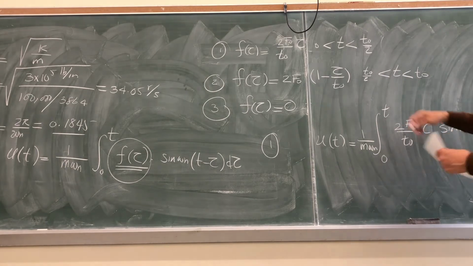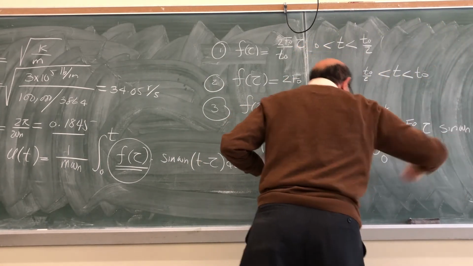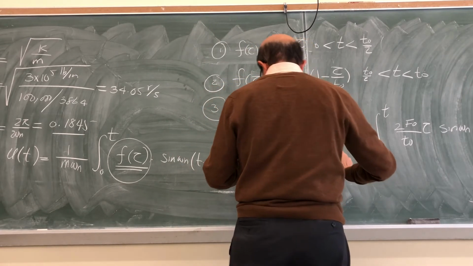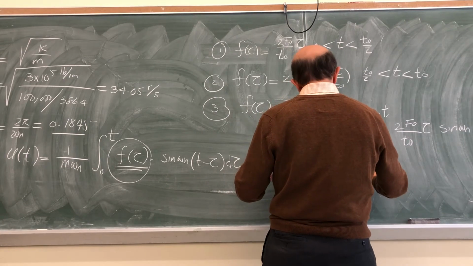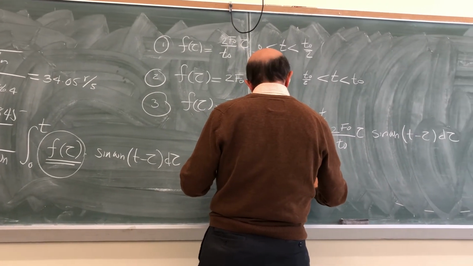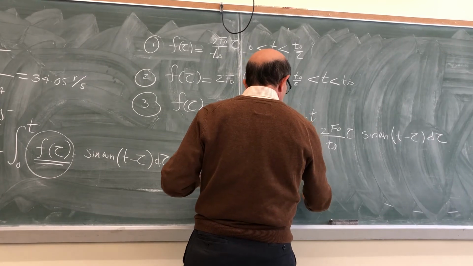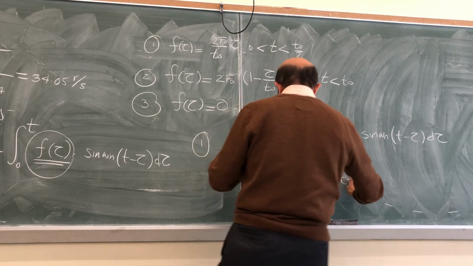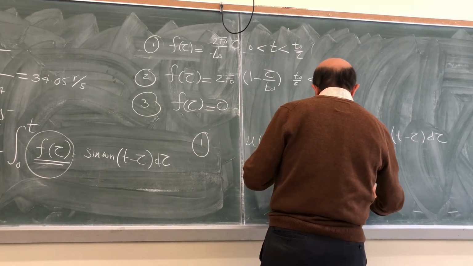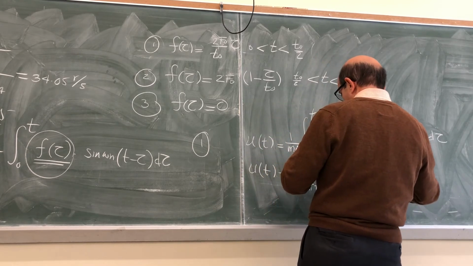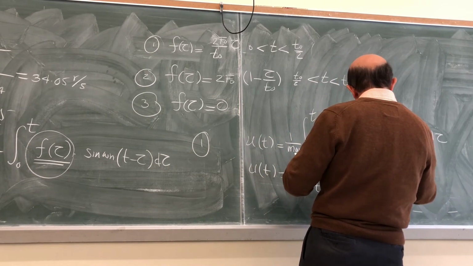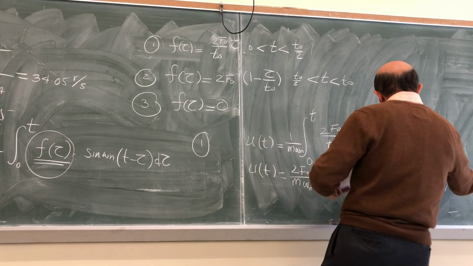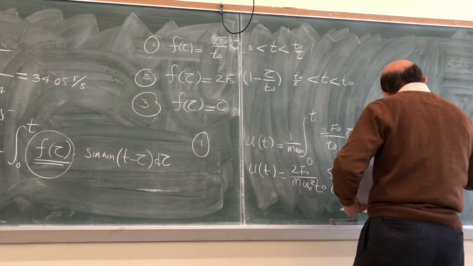If you go to that table, which is done by probably 2-3 pages of integration, after you simplify, you get u of t equal to 2f0 over m omega n squared t naught times t plus 1 over omega n sine omega n (t minus tau) from 0 to t.